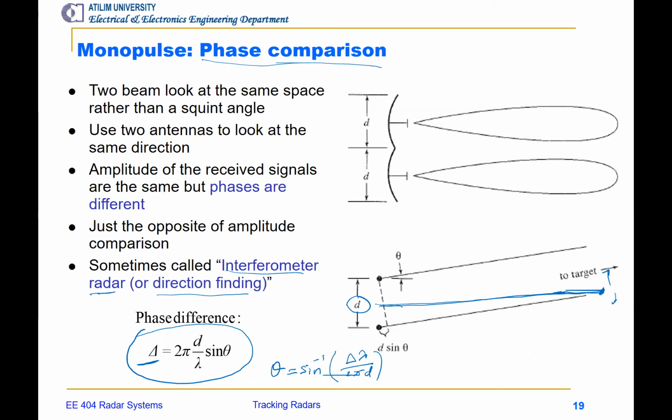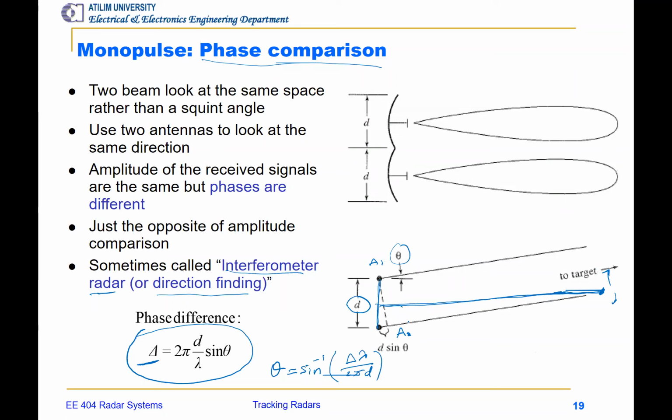Why? Because if there is an angle here, let's say theta, then we simply get a triangle here, right? And the signal coming from the target into antenna 1 and antenna 2 will have different distances. When there is a distance difference, we get a phase difference.